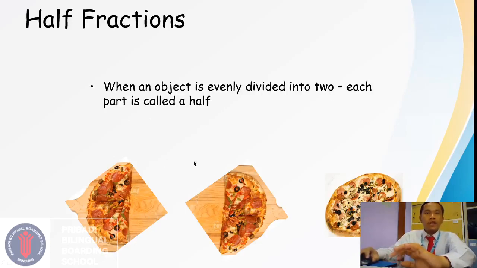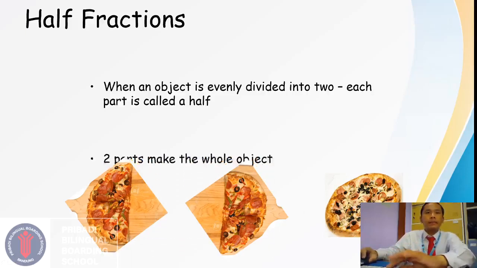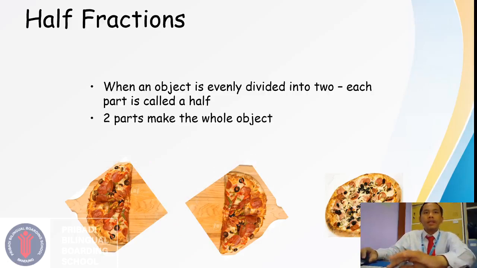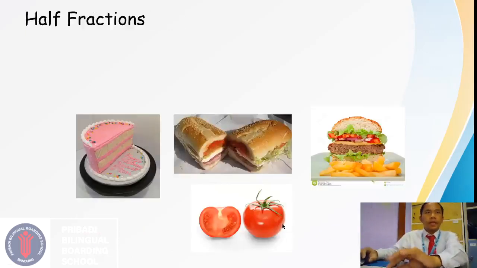If we join a half together with the other part, it becomes one whole object. Two parts make the whole object. So here, a half plus a half equals 2. And these are also examples of everyday objects which can be divided equally into the same amount.